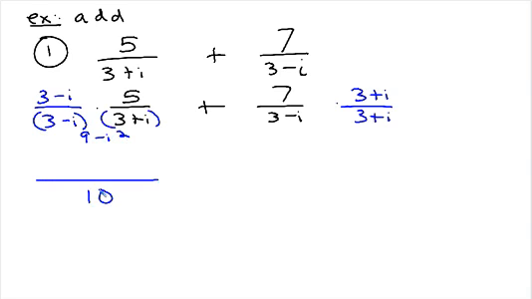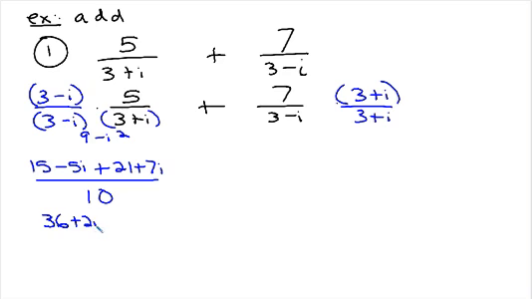On top, we've got to do distributive property in both cases, 15 minus 5i plus 21 plus 7i. I have to do distributive property over there as well. And so 15 plus 21 is 36 plus 2i over 10.